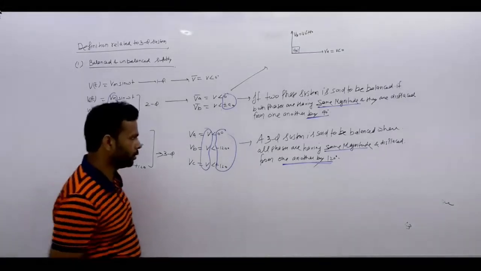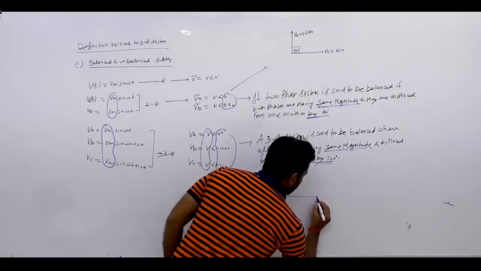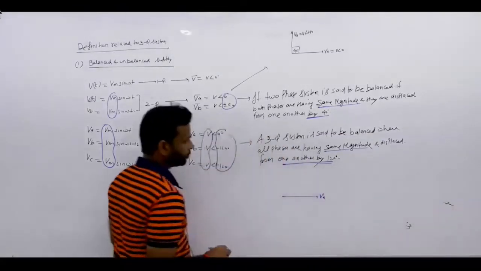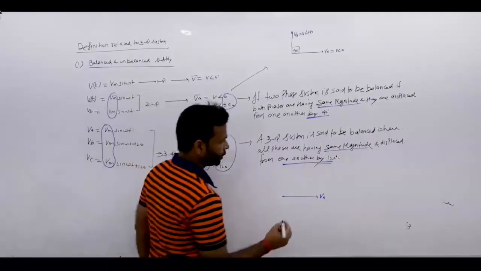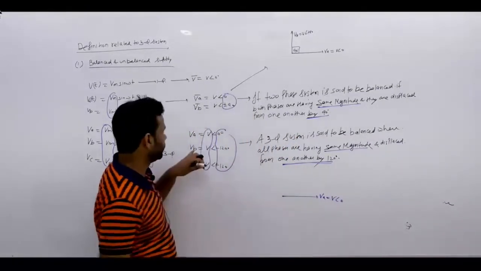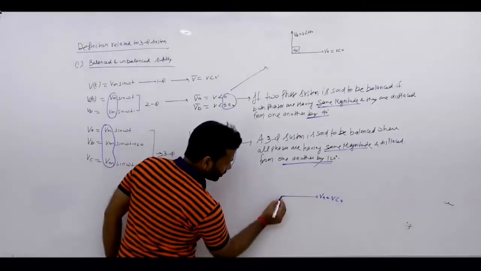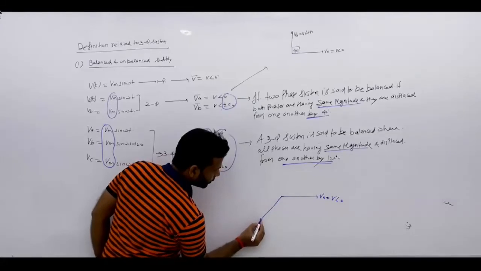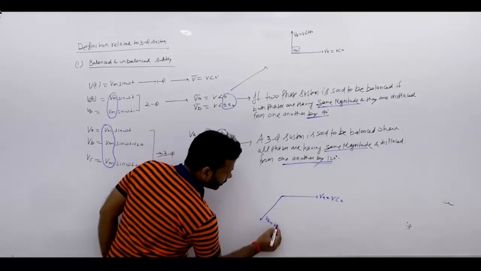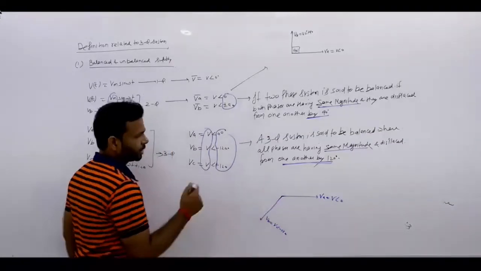Okay, now we will draw the phasor diagram for this system also. So this is your VA, which is at angle 0 degree. Now the next voltage is at minus 120 degree. So minus 120 degree is here. So it is VB, that is equal to V angle minus 120 degree, because negative angles are in the clockwise direction.